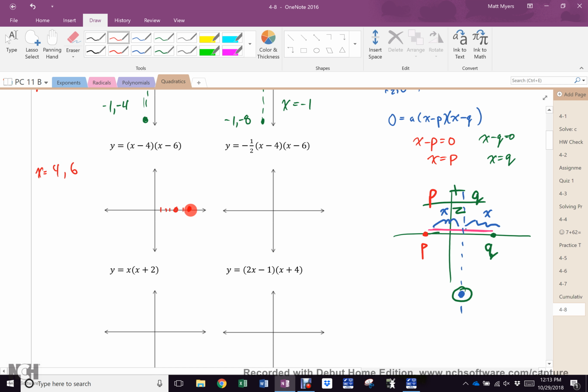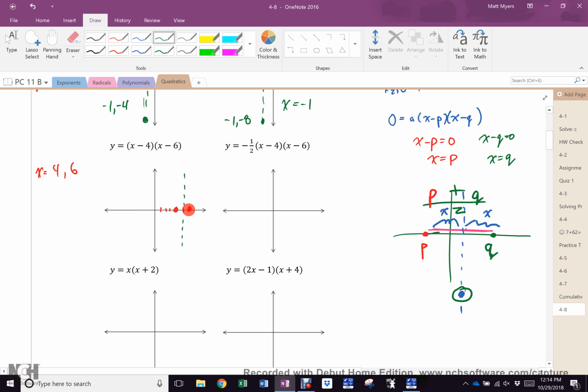Where obviously is the vertex? The vertex is at x equals 5, yes? Is there a stretch factor here? No. So if I go over from the vertex, if I go right 1, I should go up 1, yes? But I don't have the vertex.